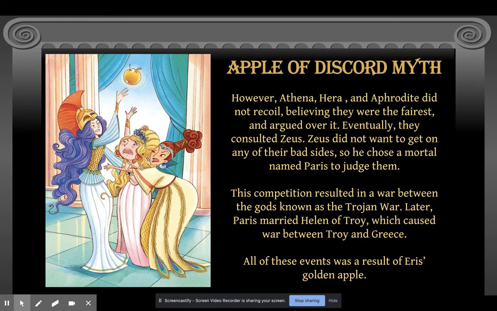They try to bribe him: Hera promised him power and wealth, Athena promised him glory and war, and Aphrodite promised him the most beautiful woman, and he picks Aphrodite so that he can have Helen. Later, when he meets Helen, he steals her away from her husband, and that's what provokes the war. So it all started with a golden apple.